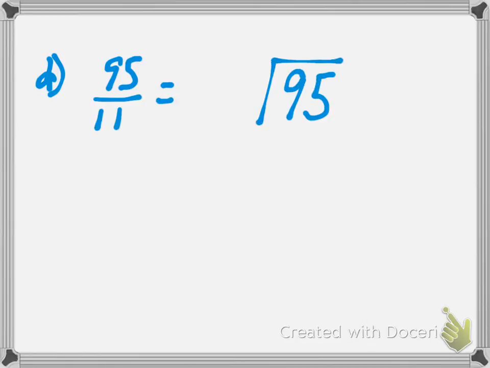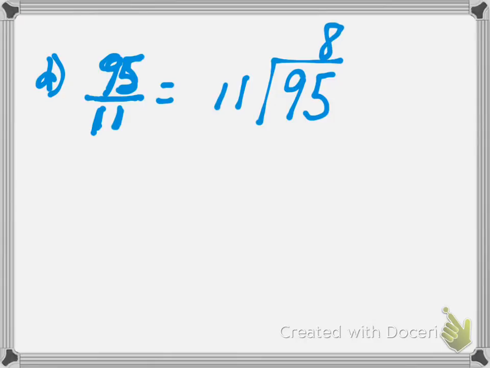So to do another one, let's go ahead and take a look at B, 95/11. So that's 95 divided by 11. Just as we read this, 95 divided by 11. 11 goes in there 8 times.